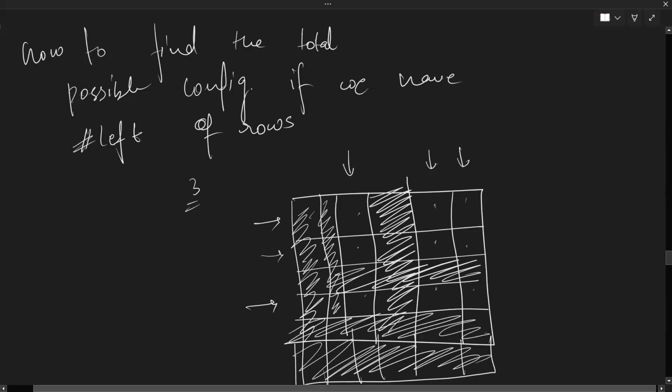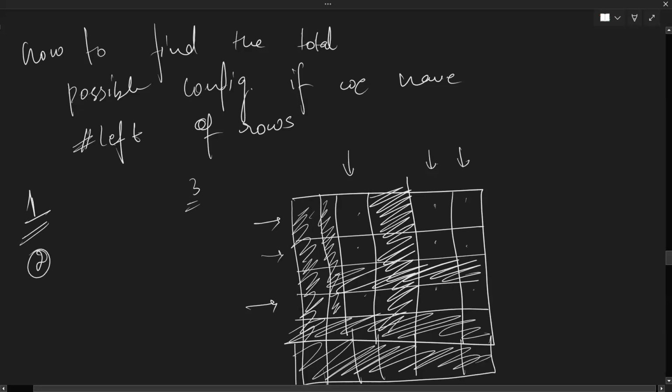Now tell me, what if you choose one row? Then what will you do? If you have just one row left, there is just one possibility: one row, one cell. If you have 2 rows left, then what?